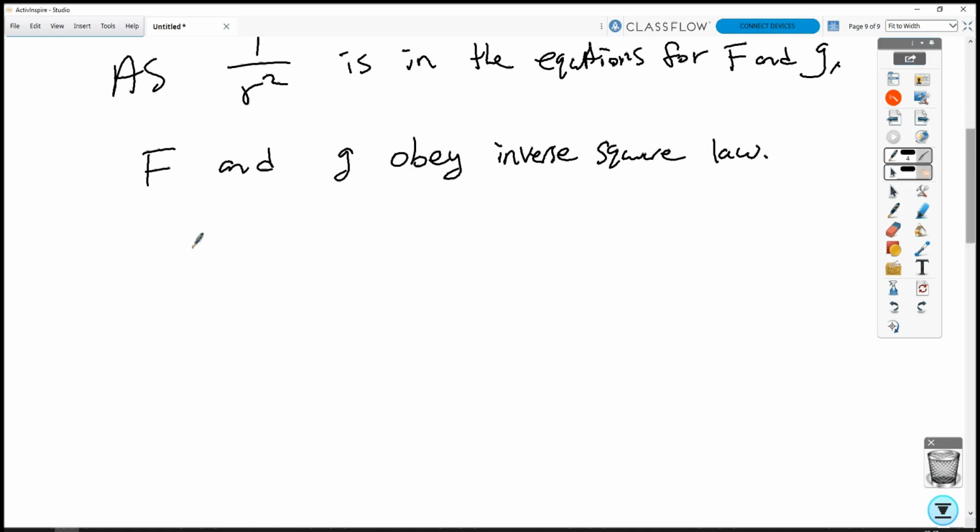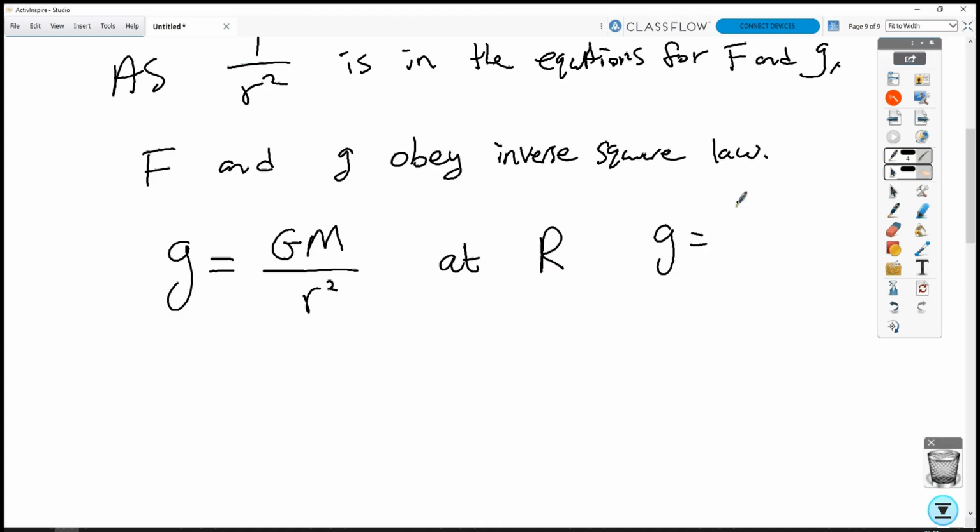So we say that g equals Gm over r squared. At R, capital R, which we defined as the radius of this planet, then g equals Gm over R squared. So we're going to define this value of g, the original value of g, as the value of g at the surface of this planet.